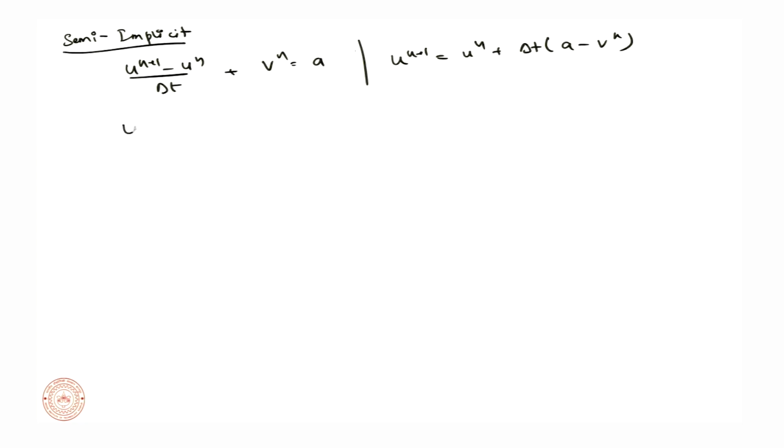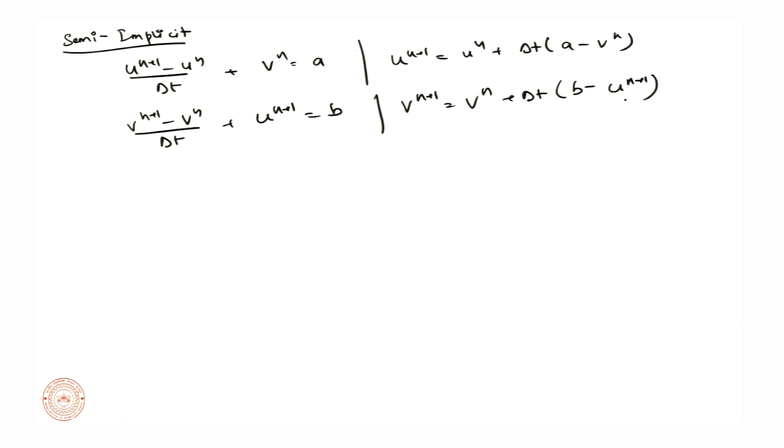The second expression, you use the new value of u, just like your Gauss Seidel. So, (v^(n+1) minus v^n) over delta t plus u^(n+1) equals b. So, v^(n+1) equals v^n plus delta t (b minus u^(n+1)) rather than u^n. Okay, this is your semi implicit. It will converge faster, it will give you a solution closer to the actual solution.